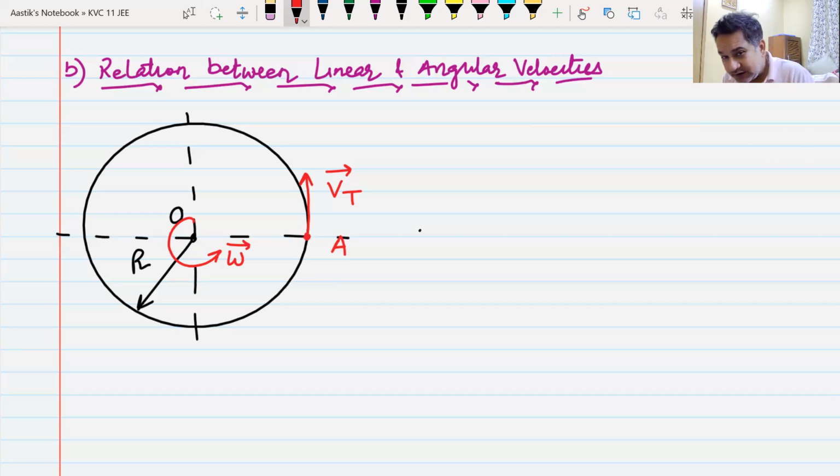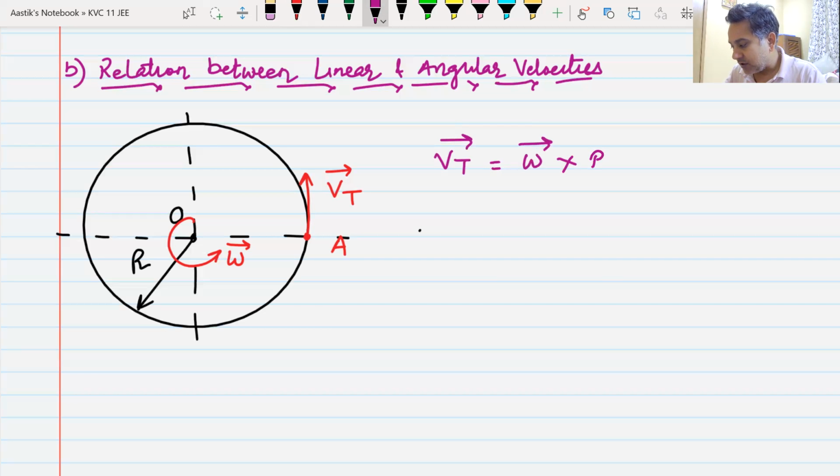Now, there is definitely a relation between Vt and omega, and it is derived from the first relation that we had seen. Both of these are vector quantities, so there exists a vector relation. Vt vector is omega cross r. Have you studied cross product of vectors? Yes.